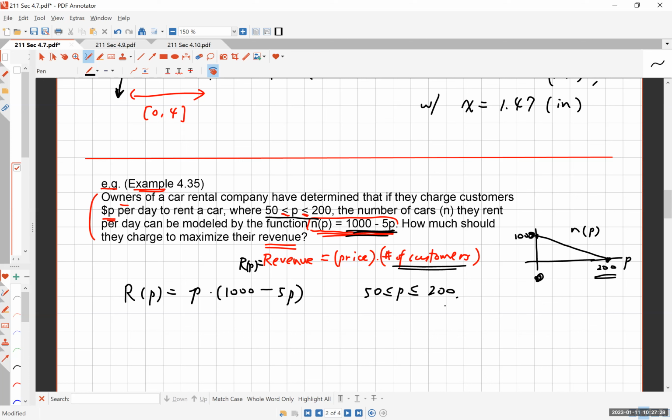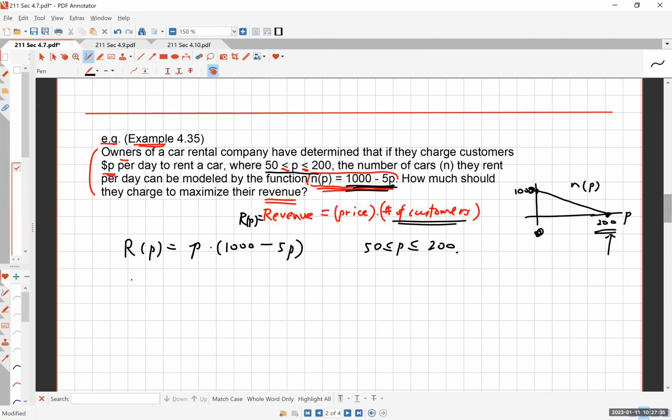I'm sure it's not going to be 200 because then the demand will be 0. So you can rewrite this in the more traditional order, negative 5P squared plus 1,000P. So it turns out to be a second degree function, otherwise known as a quadratic function.